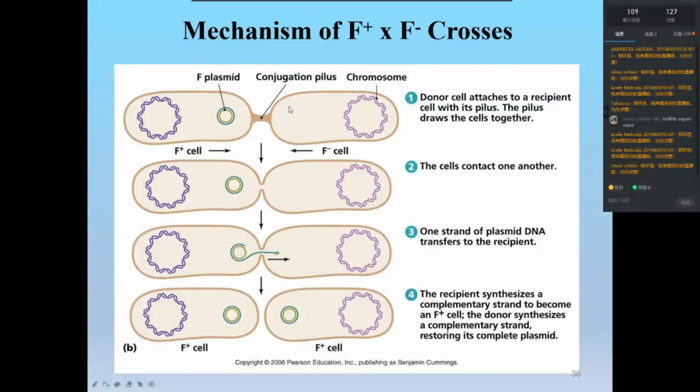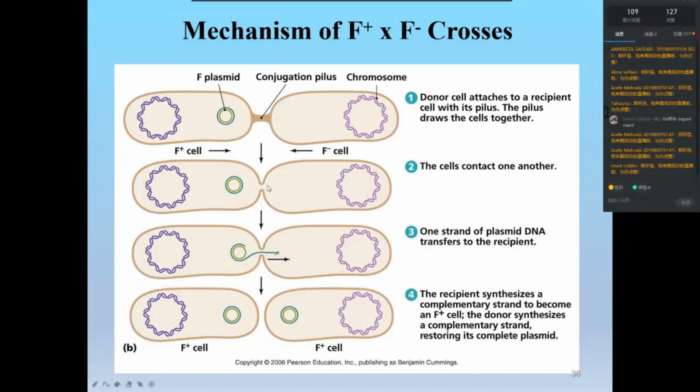The sex pili can touch the surface of this recipient cell and then draw those two cells closer and closer. And when the two cells attach to each other, on the surface of contact, there will be a channel formed.